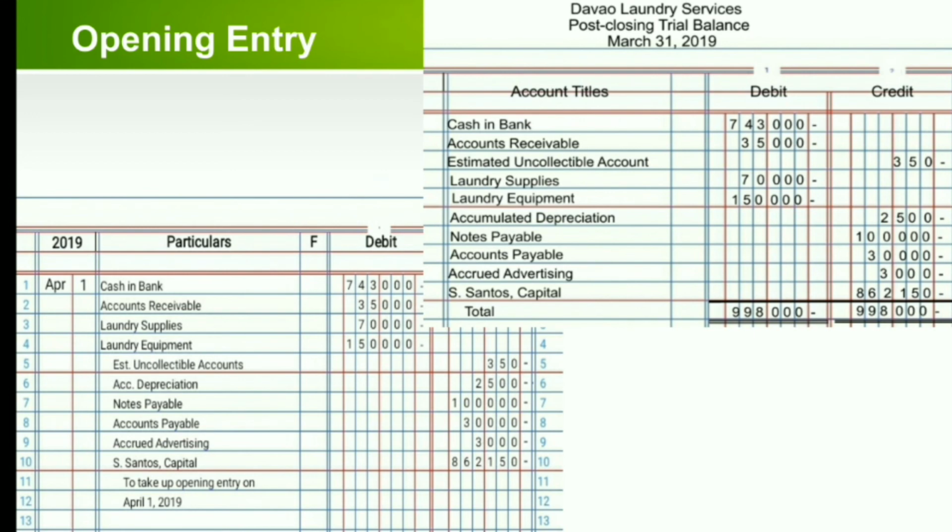But here in the journal entry, after the accounts receivable, we go directly to laundry supplies. So, ang nangyayari dito is sinusunod-sunod natin lahat ng debits. After all the debits, saka na natin i-record lahat ng credits. That's why we have here the estimated uncollectible accounts first, followed by the other credit items.